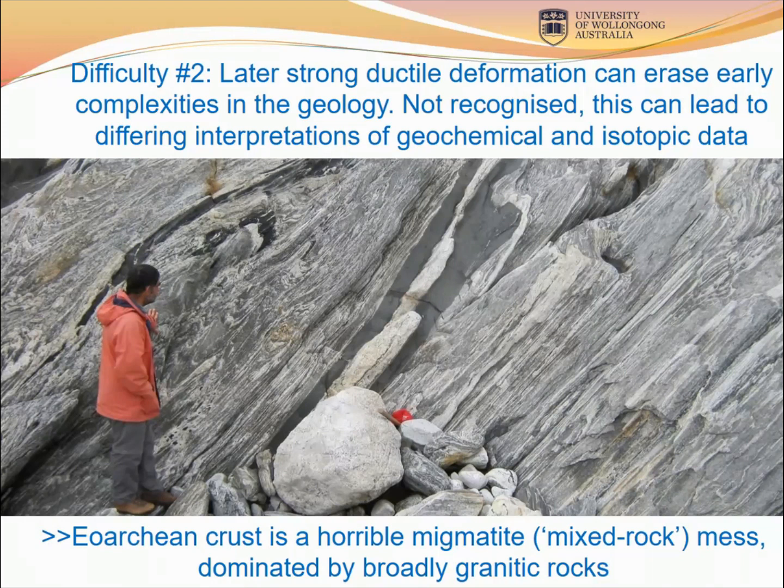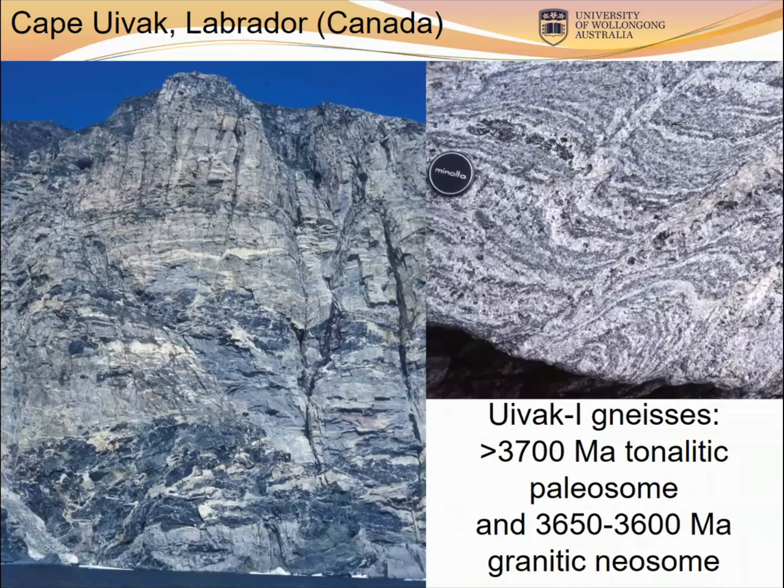So this shows a typical outcrop of Eoarchean migmatites in Greenland. This shows, again, the same sort of story over in Labrador in Canada. It shows the Eoarchean gneisses. So you've got 500 meters of that cliff there of migmatites, and then you've got a detailed picture of them on the right.